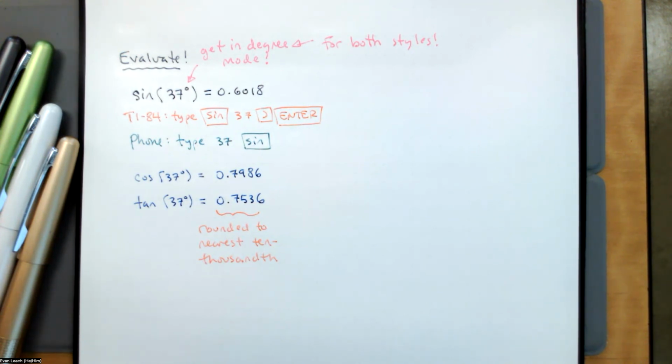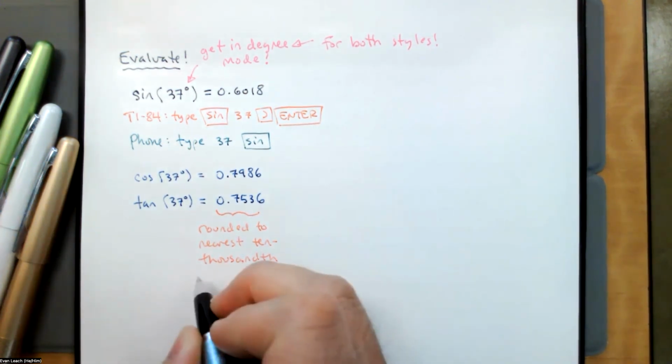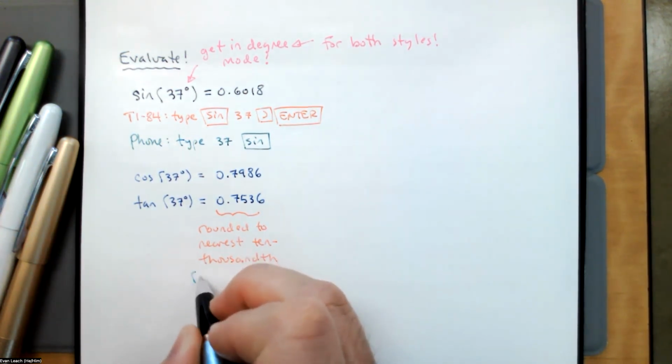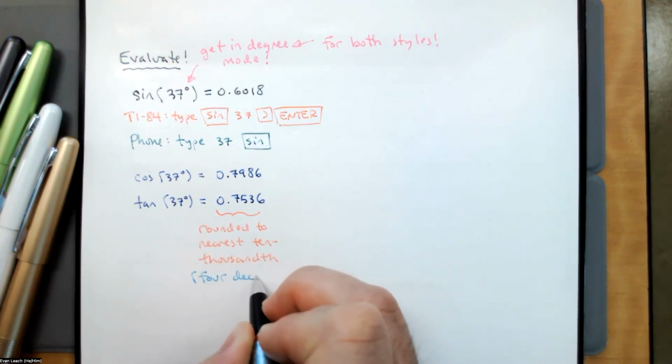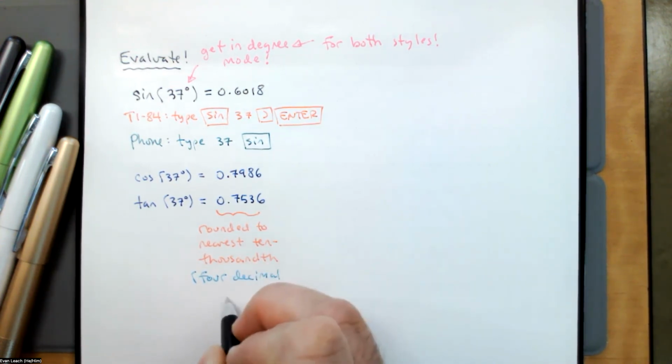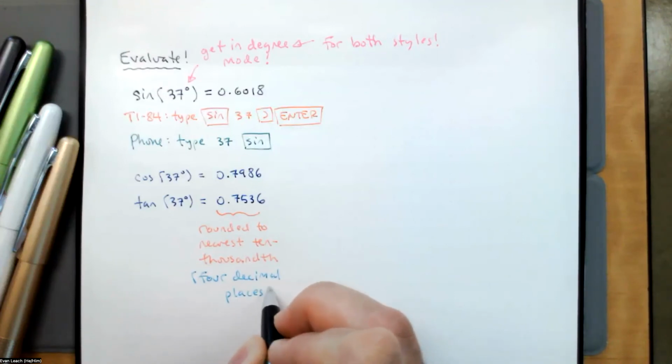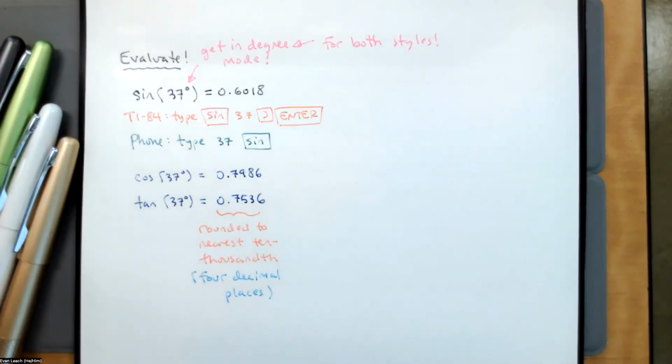So sometimes I'll just call this 4 decimal places.